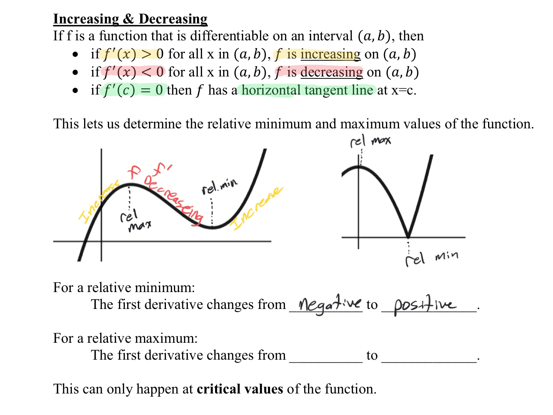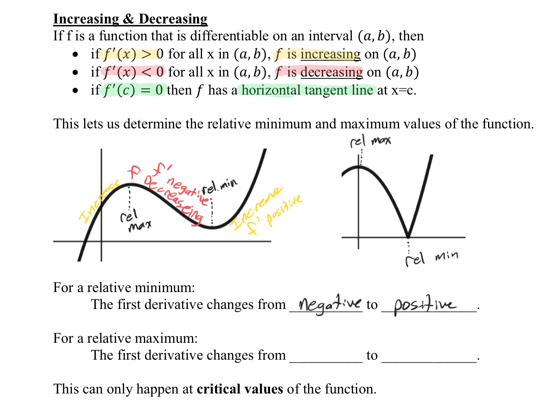It would have to be less than 0. I'm just going to write the word negative. So when your function's decreasing, your first derivative is negative. When your function is increasing, your first derivative is positive. Okay, so the first derivative changed from negative to positive, and that's what told us we had a minimum.